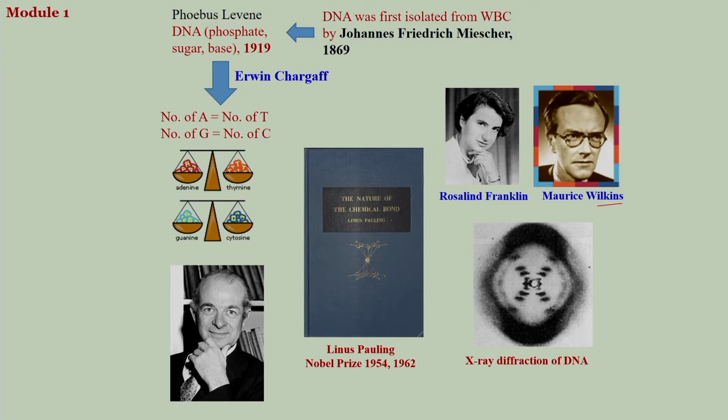In 1962 Watson and Crick, along with Maurice Wilkins, received the Nobel Prize in physiology and medicine. Rosalind Franklin was not included in the list because she died beforehand at a very young age. That is quite a sad story. But on a happy note, Linus Pauling did not return empty handed either.